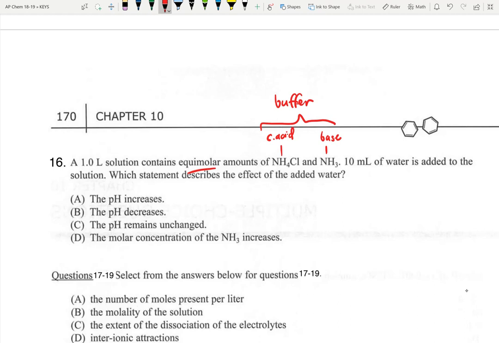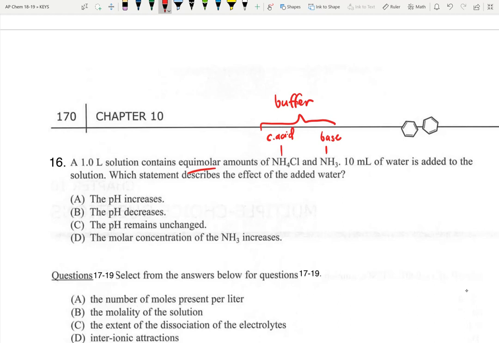We're going to come along and add 10 milliliters of water to this solution. Which statement describes the effect of the added water? Key is, with acid-base buffers, to remember that buffers aren't susceptible to pH change by dilution. And the reason is that a buffer's pH is really an effect of its acid to base ratio.